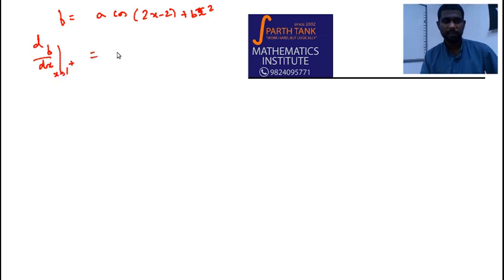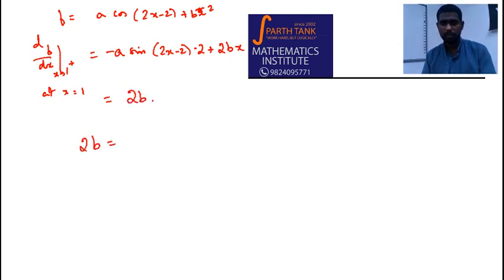So this is nothing but minus a sine 2x minus 2 into 2 plus this would become 2bx. At x is equal to 1, this becomes, substituting x is 1 here, this vanishes and this becomes 2b. So for differentiability, 2b should be equal to this 4.